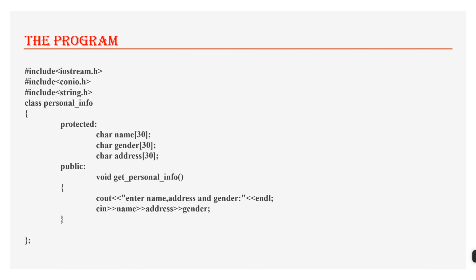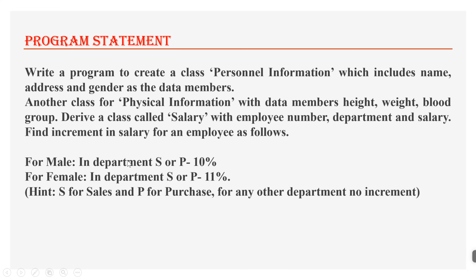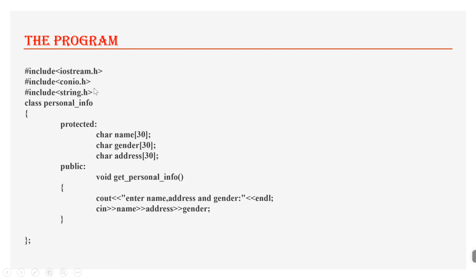As I already mentioned, I am defining a class called personal information wherein name, gender, and address are the data members. Name, address, and gender, all three are strings. Now you take the value, get personal info, wherein you take the value for name, address, and gender.